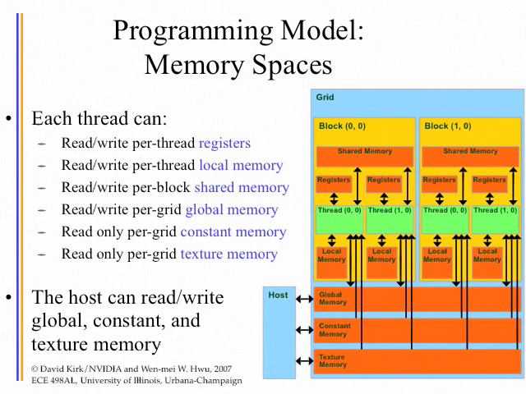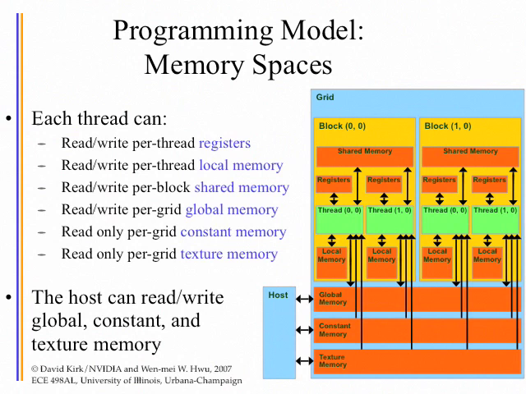Shared memory is per block. This goes to all the threads in that block. They can read and write that shared memory and make the data visible to each other. This is the collaboration mechanism for those up to 512 threads in the block. And there's read-write global memory, which is in DRAM.